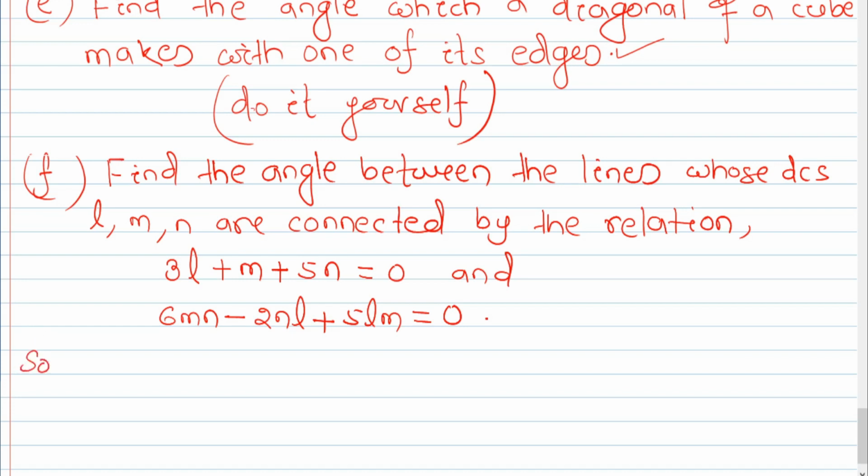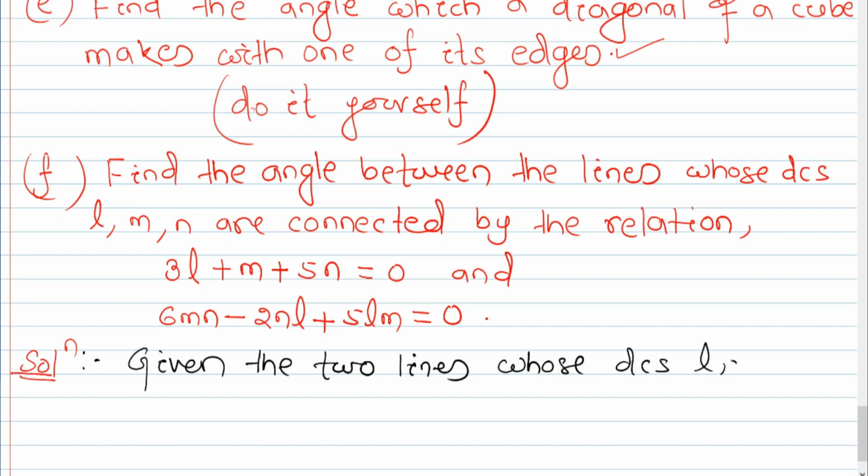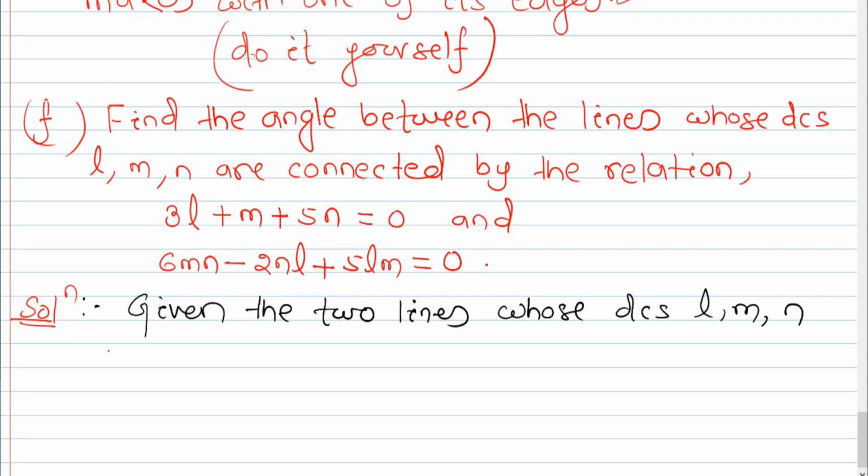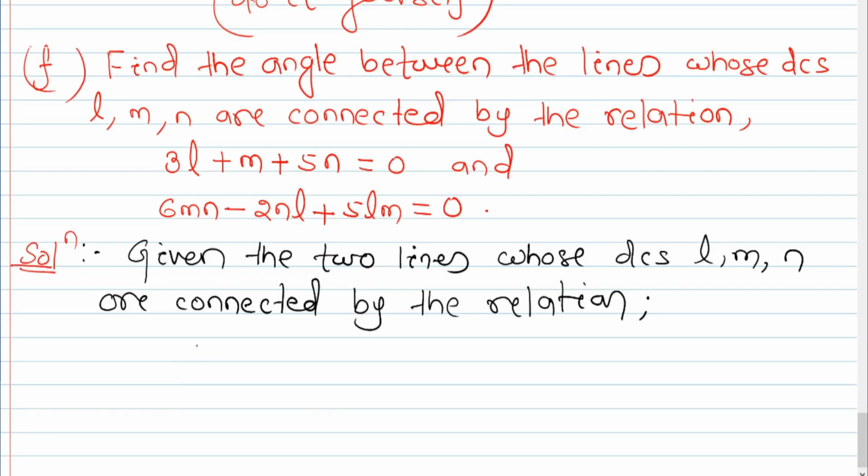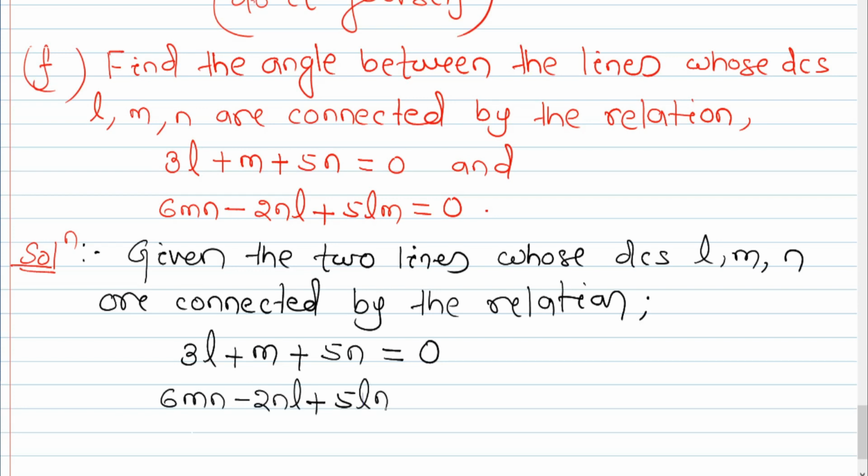Given the two lines whose DCs l, m, n are connected by the relation 3l plus m plus 5n is equal to 0 and 6mn minus 2nl plus 5lm is equal to 0.